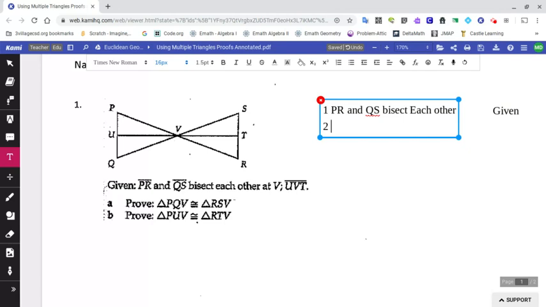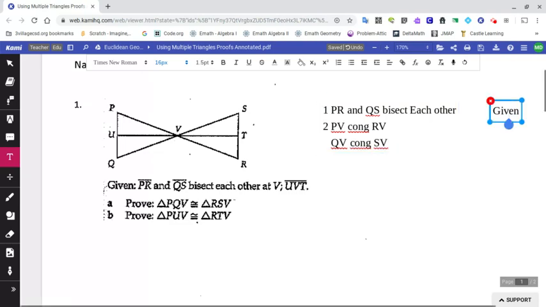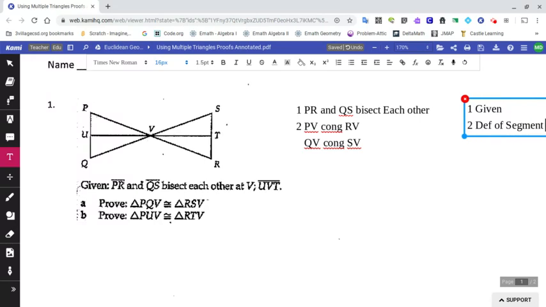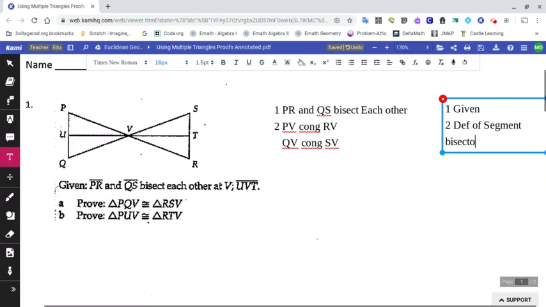From that, I can say PV is congruent to RV, and also QV congruent to SV. Two, that's by definition of segment bisector.